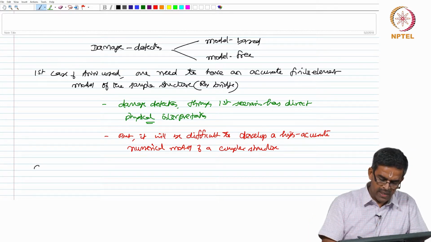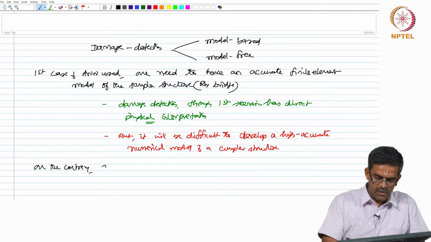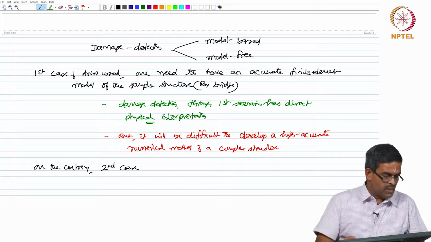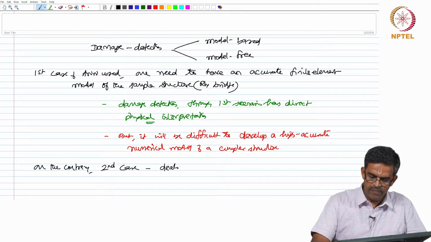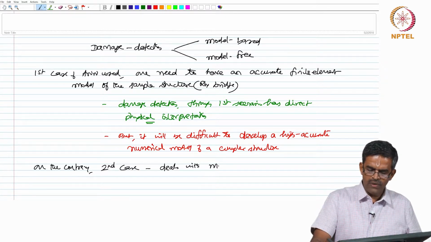If you look at the second case, it actually deals with a model free approach.